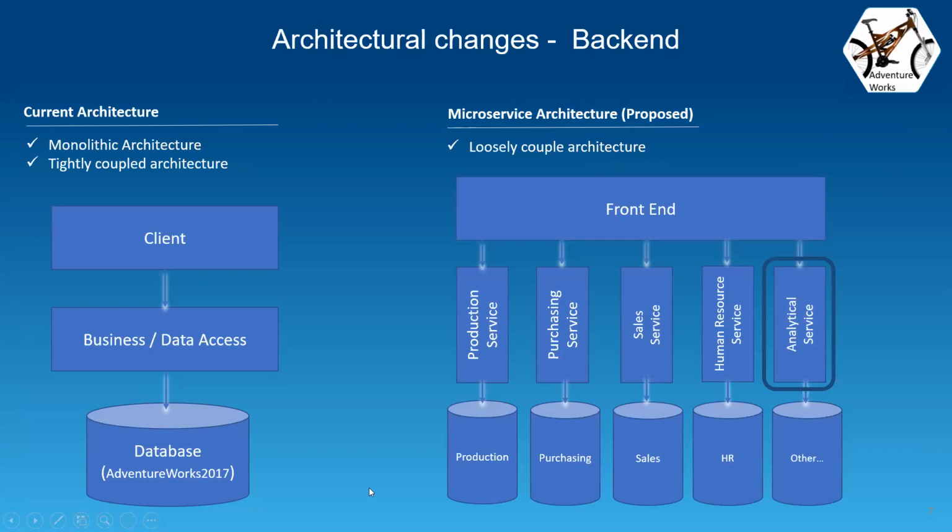What we are planning to do is split the database into multiple databases based on the schema. We will have production, purchasing, sales, HR, and other departments. In the previous use case, when we have a lot of sales, only this route will be impacted; others will not be impacted.